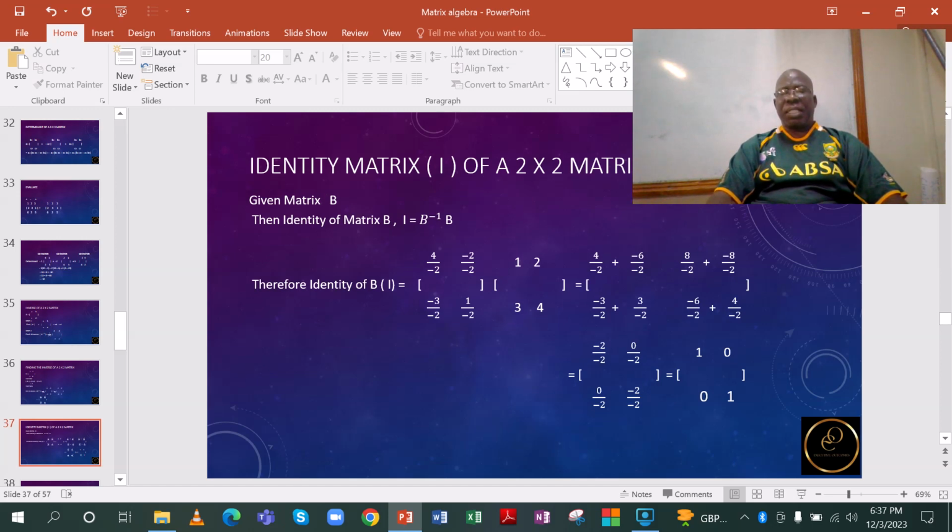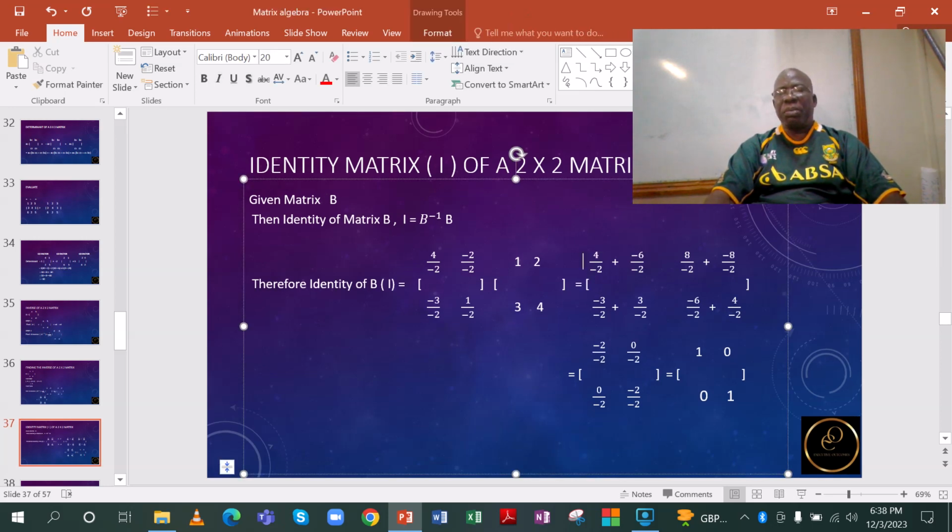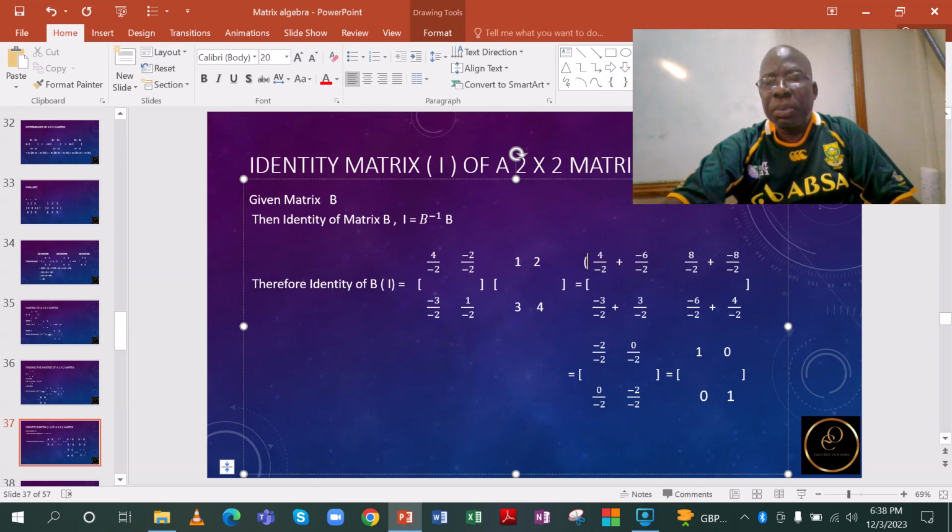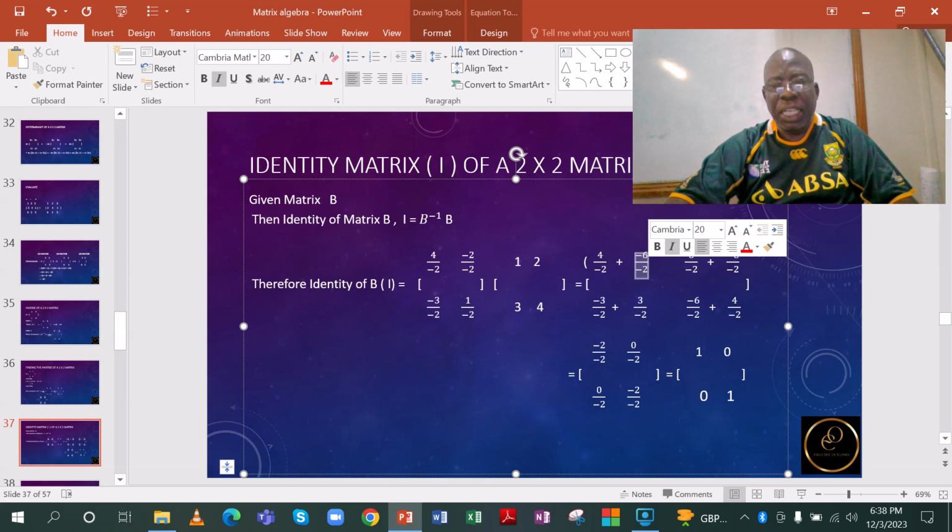So when you work this out, you find that the first one, 4 over negative 2 plus negative 6 over negative 2, will end up to be negative 2 over negative 2. Then this 8 over negative 2 plus negative 8 over negative 2 will be 0 over negative 2. Then you come down here. Maybe I put this one in parentheses to help.